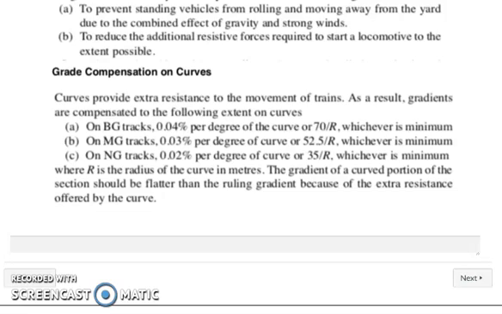For MG track, that is 0.03% per degree of the curve, or 52.5 over R, whichever is minimum. And for NG track, that is 0.02% per degree of the curve, or 35 over R, whichever is minimum. R is the radius. We have to note that BG is broad gauge, NG is narrow gauge, MG is meter gauge, and the gauge refers to the width of the track.